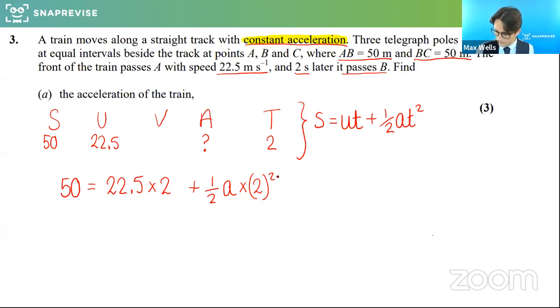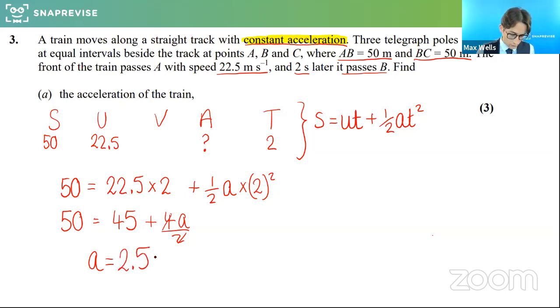Okay, and if we solve that, so we're going to sub our values in, tidy that up and rearrange for A. So we're going to have 50 equals 45 plus 4 times A over 2, so 2A. So A is equal to, and well done if you've got there ahead of me there, 2.5, and our units are meters per second squared.